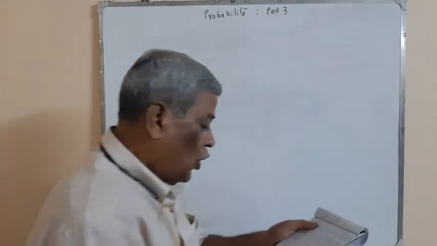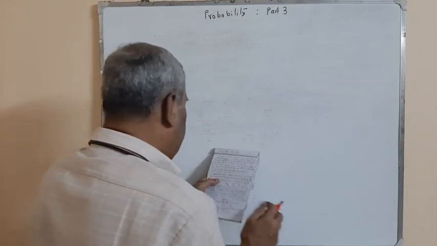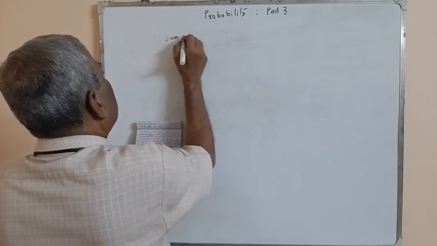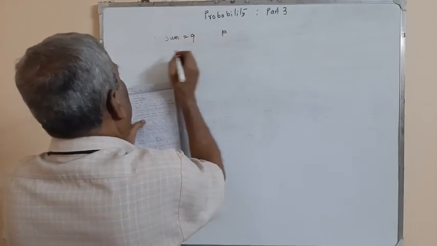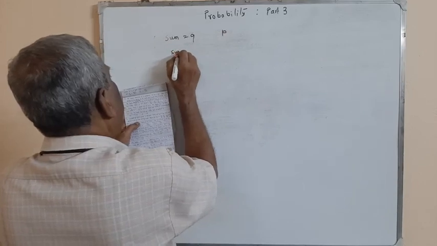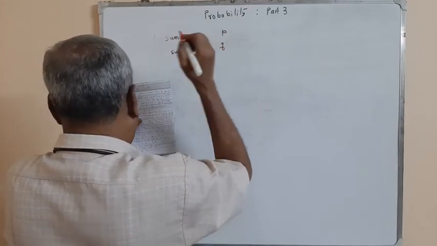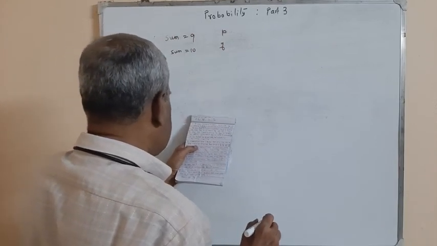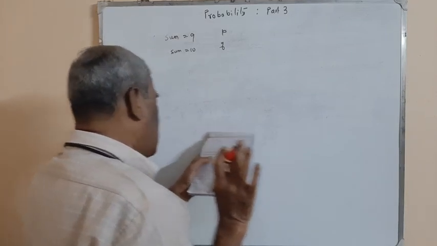A pair of fair dice is thrown. Probability of getting a sum 9, that's P, and sum 10, it is Q. Then P plus Q is equal to how much?